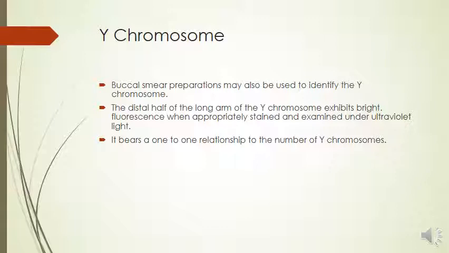Buccal smear preparations may also be used to identify the Y chromosome. The distal half of the long arm of the Y chromosome exhibits bright fluorescence when appropriately stained and examined under ultraviolet light. It bears a 1-to-1 relationship to the number of Y chromosomes.